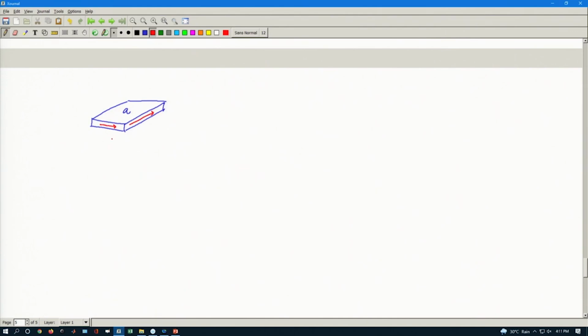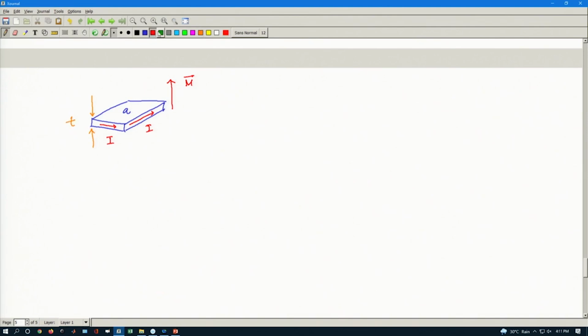This is my current I. Magnetization should be along this direction, and the thickness, this is important, is still T.